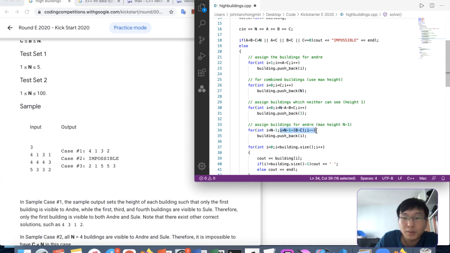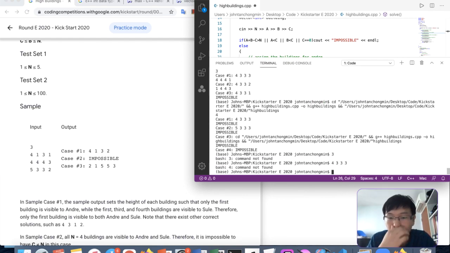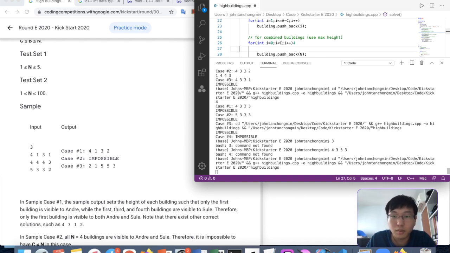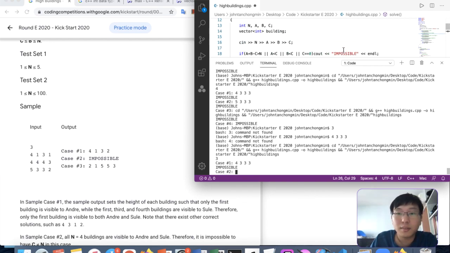But if b minus c is 0, okay, let's see this again. So maybe do 4 4 3 3 3. Now it's impossible, but actually it's possible, I realize.